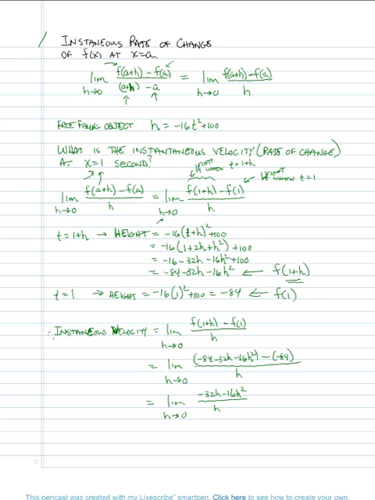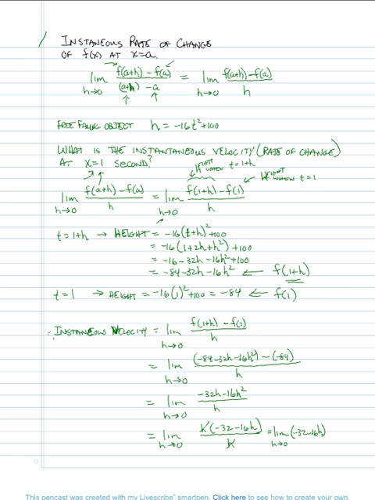Now, we can't substitute 0 in for h yet, but what we can see is that in the numerator we have a common factor of h, so we can simplify this expression. That h will factor out, and we'll have negative 32 minus 16h left, divided by h. Now we can cancel the h's, and so we're looking at the limit of negative 32 minus 16h as h approaches 0.